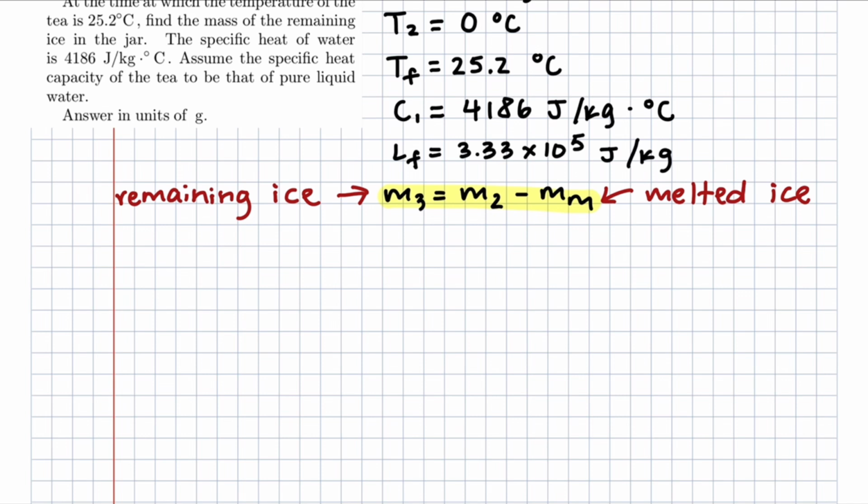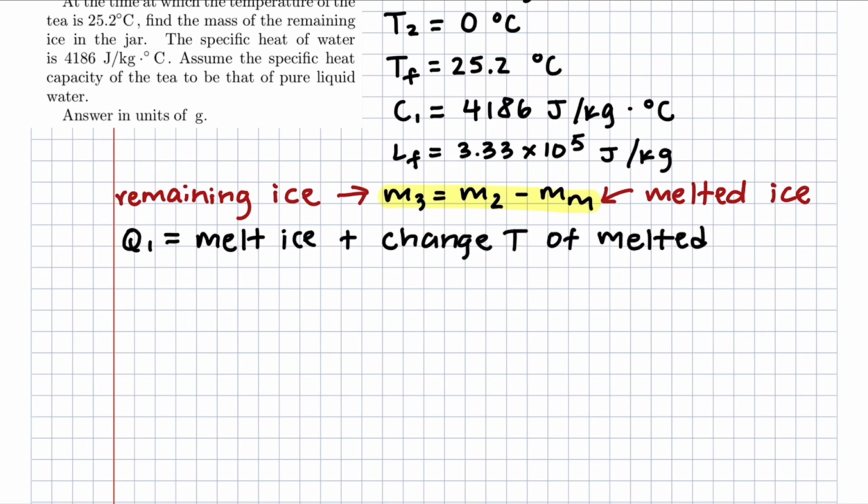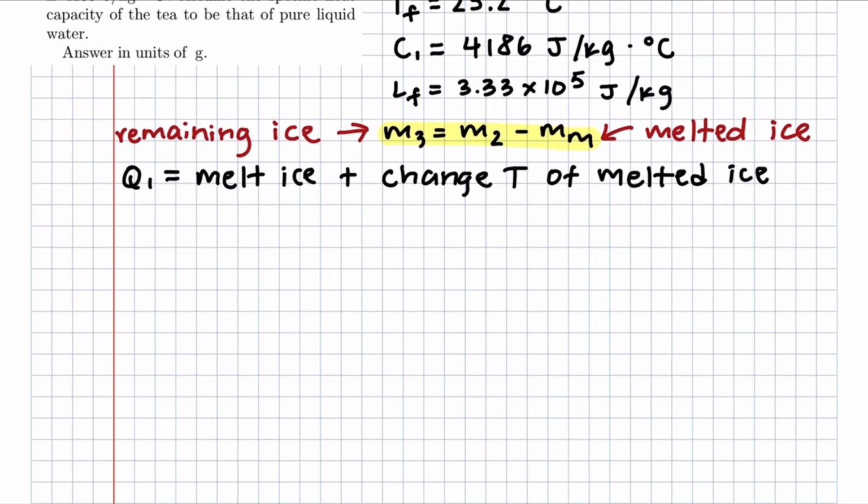So we can say that Q1, which is for the tea, is the energy required to first melt the ice and change the temperature of melted ice. Okay, now let's come up with an equation to represent what we just said.